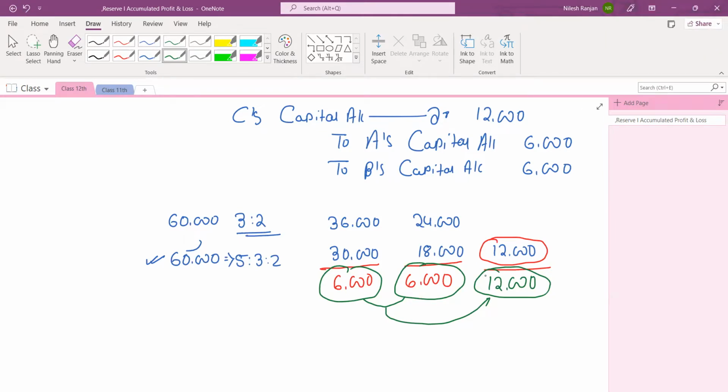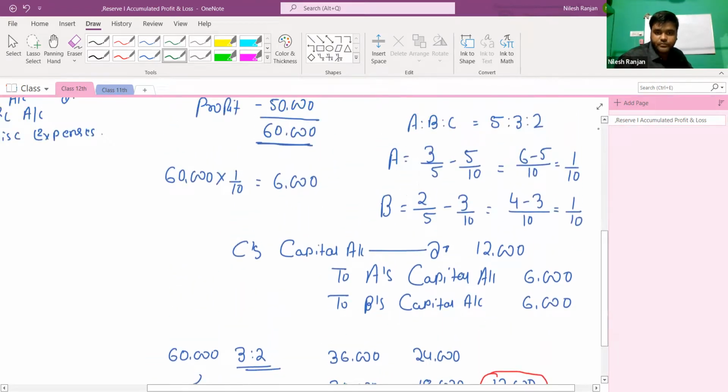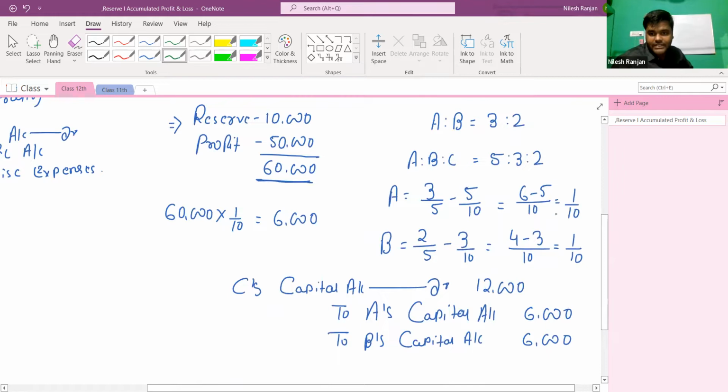Okay, that's why we are doing that entry. We calculate the sacrificing or gaining ratio of partners, and then we multiply with the sacrifice. You can see I have not multiplied by 1/2.